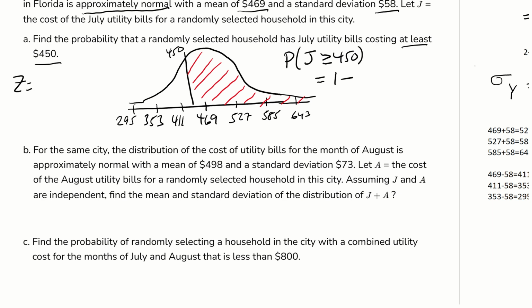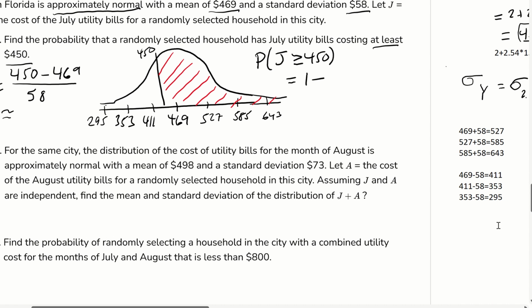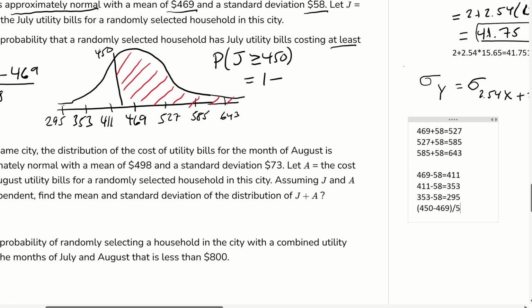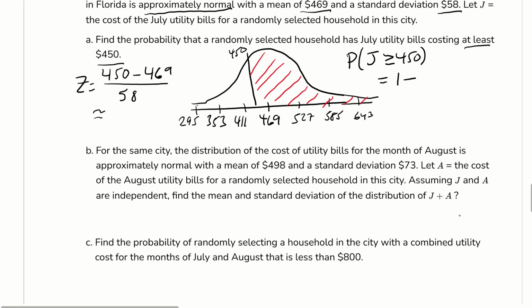Remember, the z-score is the value minus the mean, so 450 minus the mean of 469, divided by the standard deviation of 58. So let's do that over here. So negative 0.33. You want to round it to 2 decimals.